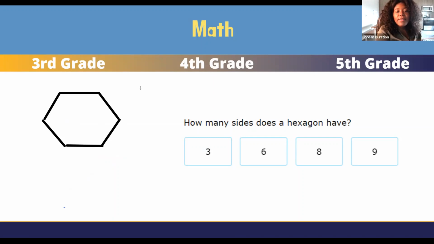And you can count up the number of sides, and you can type in the chat how many sides you think it has. 6, perfect, yep. So a hexagon has 6 sides, 1, 2, 3, 4, 5, 6.